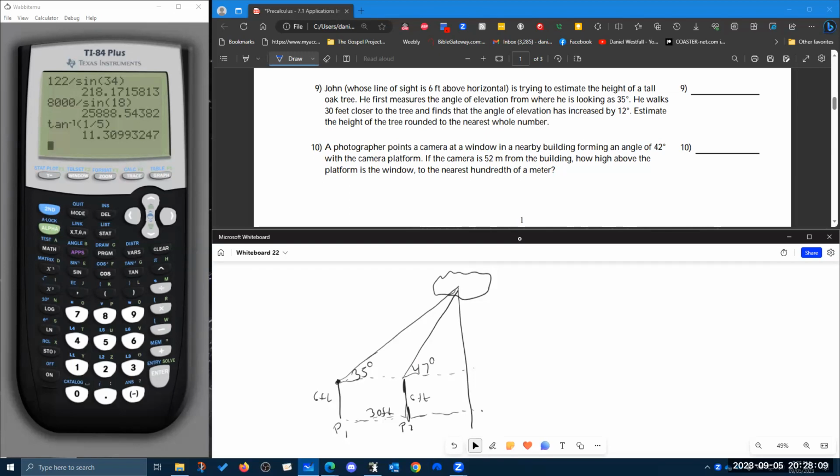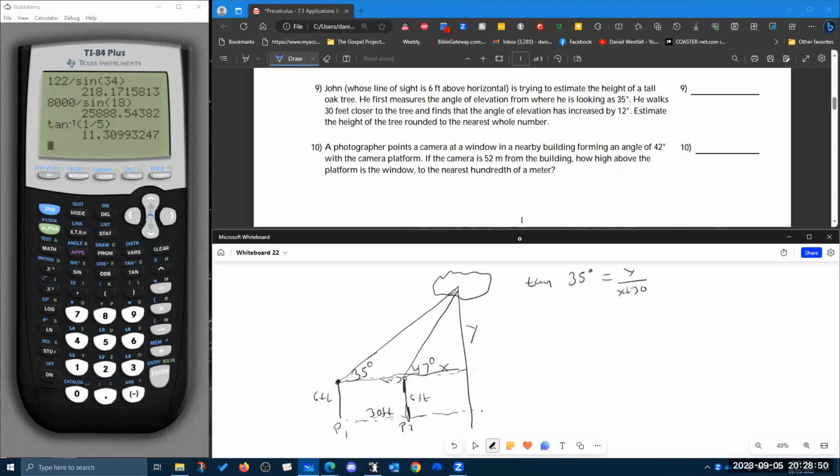All right. So we know that this is x, and this is x plus 30 on this side. This big side is x plus 30. And we know that this side here we're going to call y. So we're going to say that tangent of 35 degrees is equal to y over x plus 30.